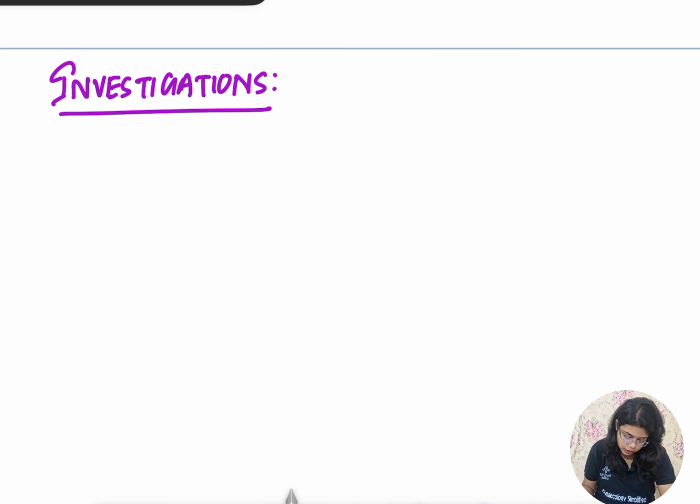Then coming to the investigation. How do we see the lesions? We do vulvoscopy. What is vulvoscopy? That is the examination of the vulva. How do we do it?